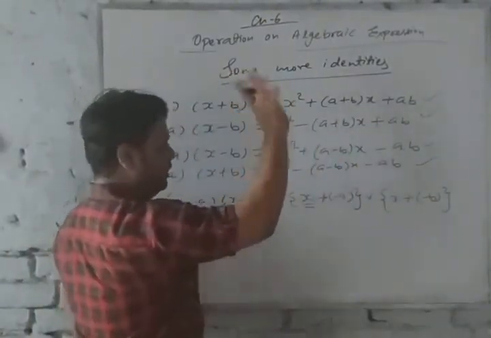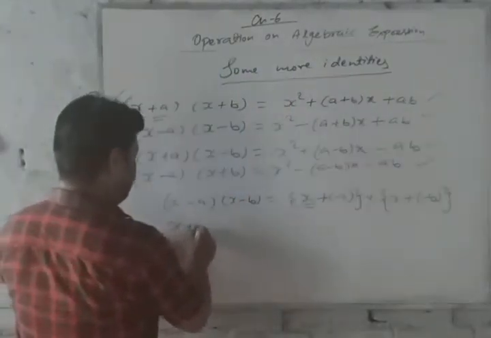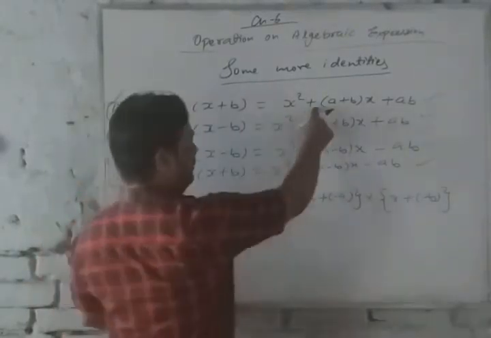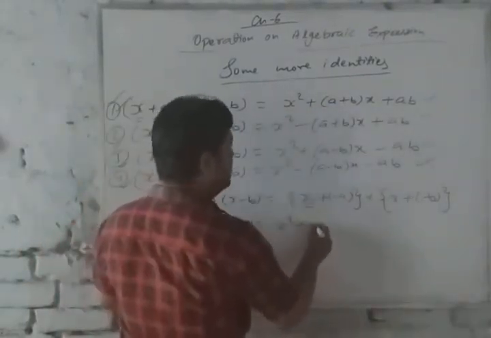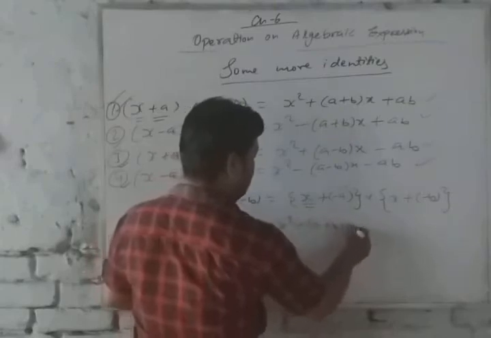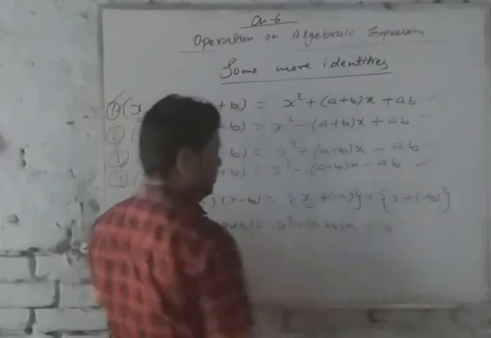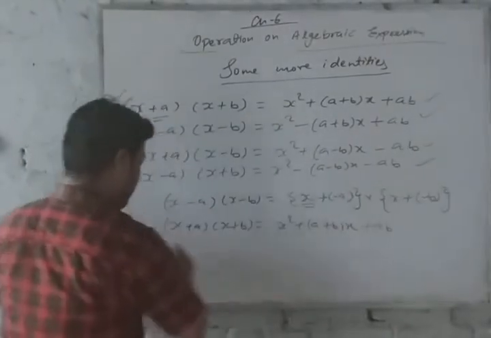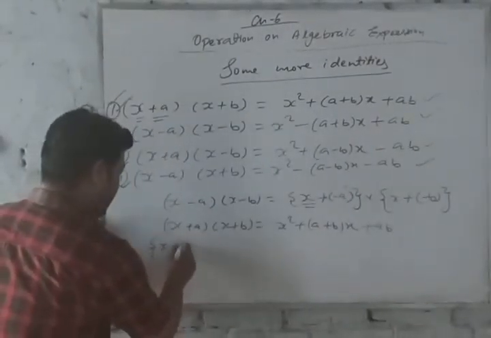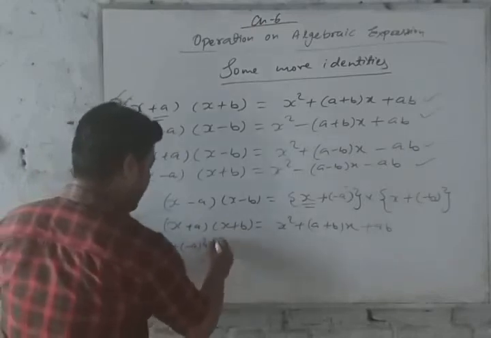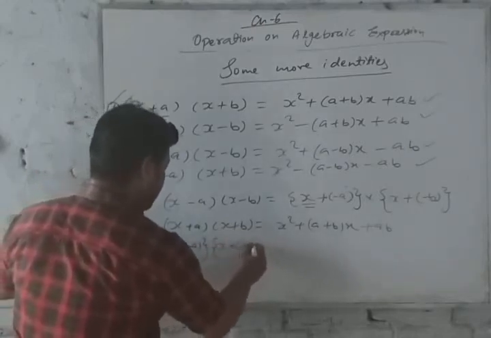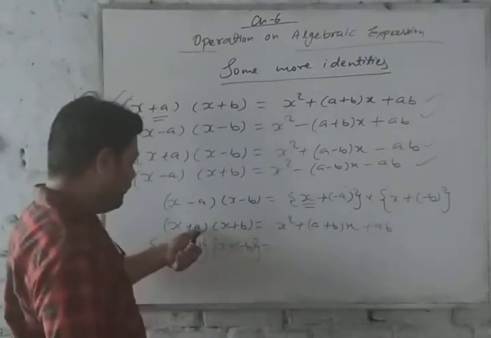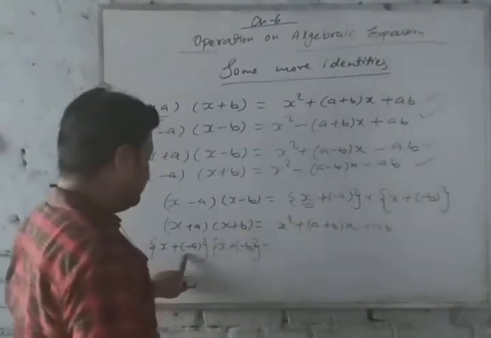Now apply this formula. x plus a, x plus b. Then what is the formula? x square plus a plus b into x plus ab. Now, if you apply this formula to x plus minus a and x plus minus b, then instead of a we will write minus a.